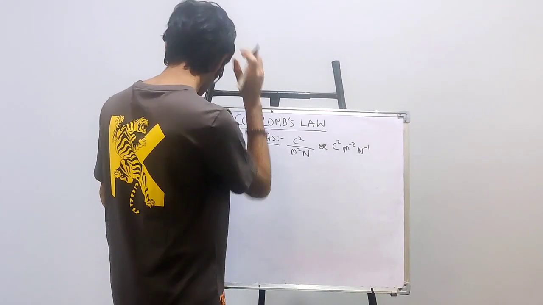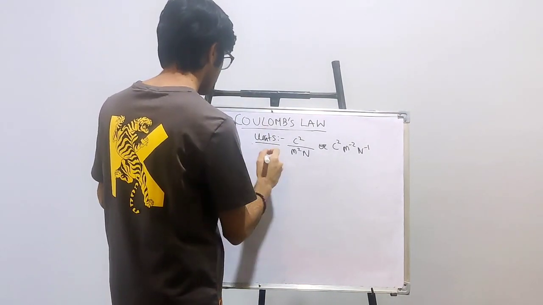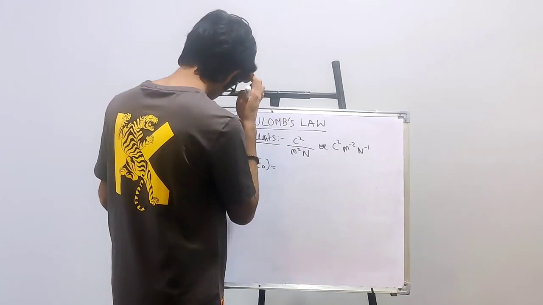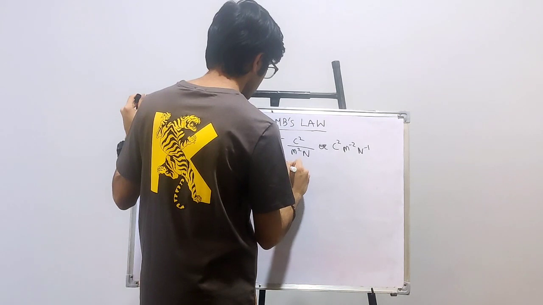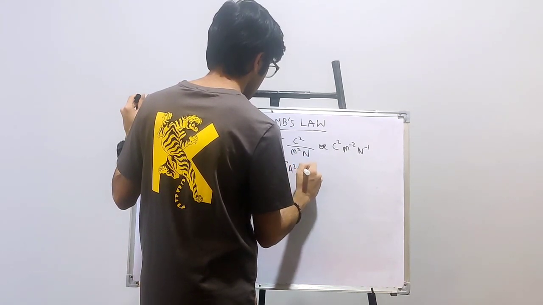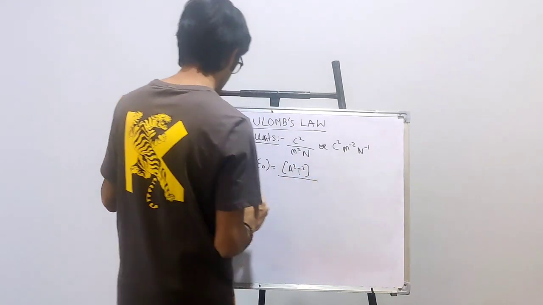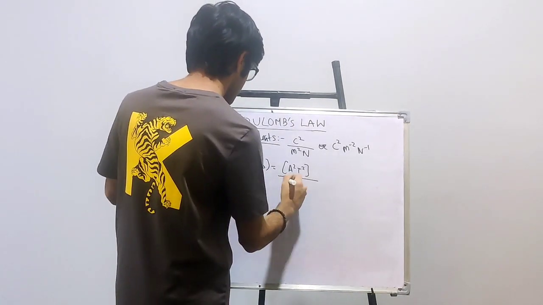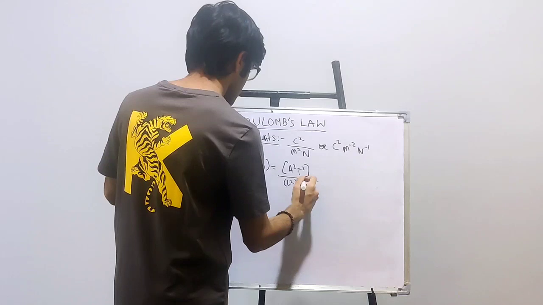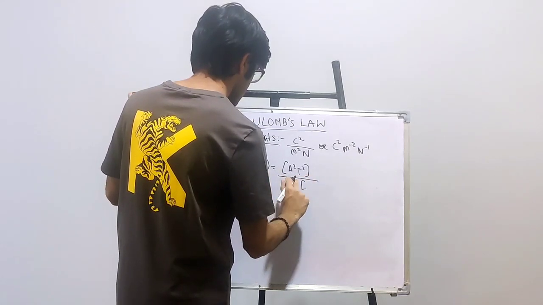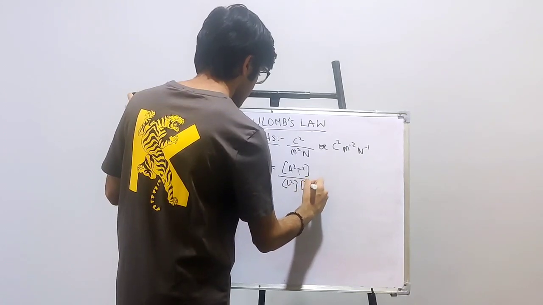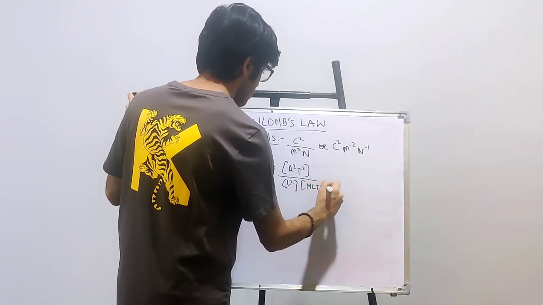Now for the dimensions of epsilon naught, we know that Q1 Q2 gives the dimensions. The dimensions of Q1 and Q2 is A square T square, whole over 4 pi, which again has no dimensions, R square has dimensions L square, and force is MLT⁻².